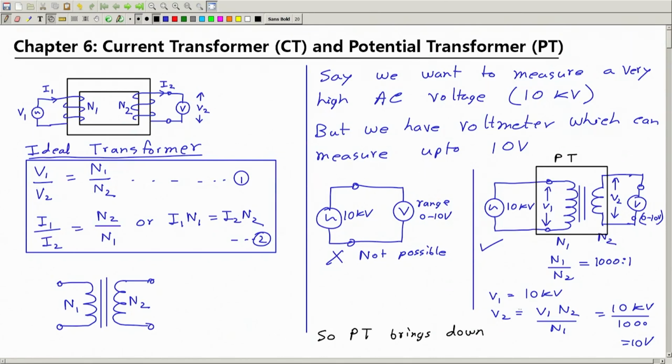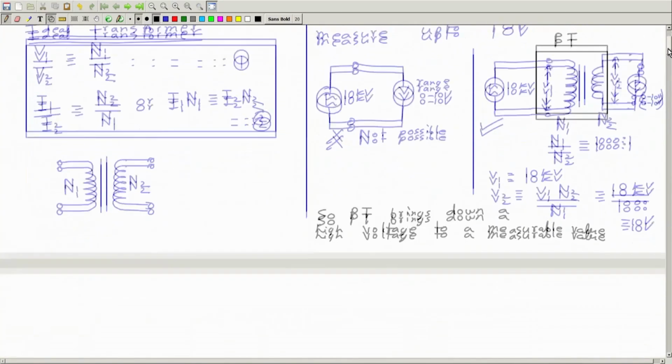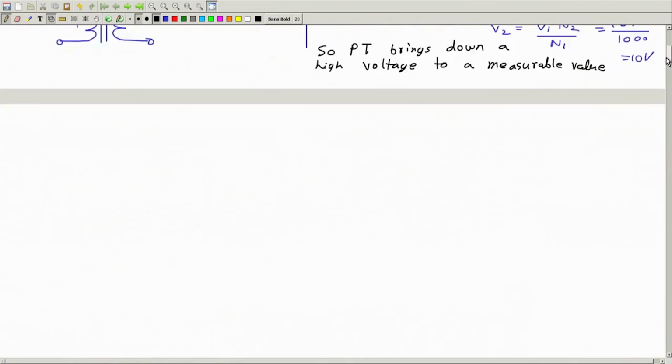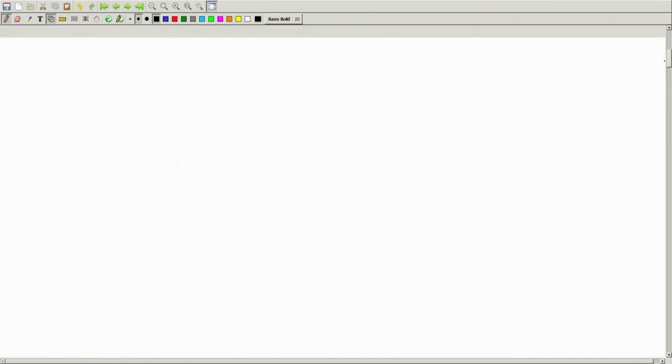So PT brings down a high voltage to a measurable, suitable lower value. That's what a potential transformer does. Now we know what a PT is.